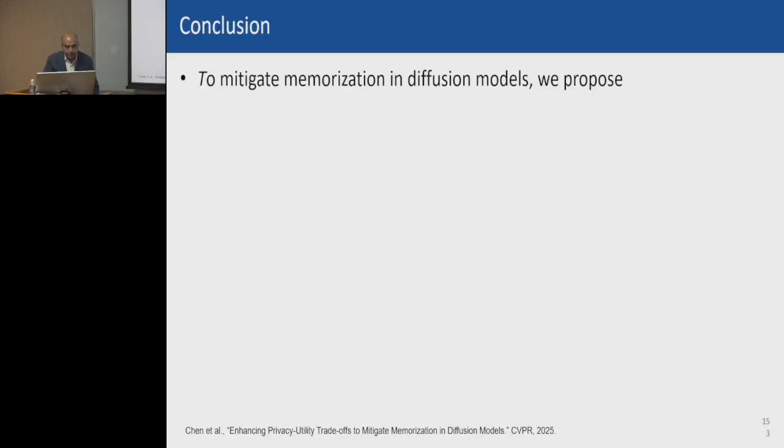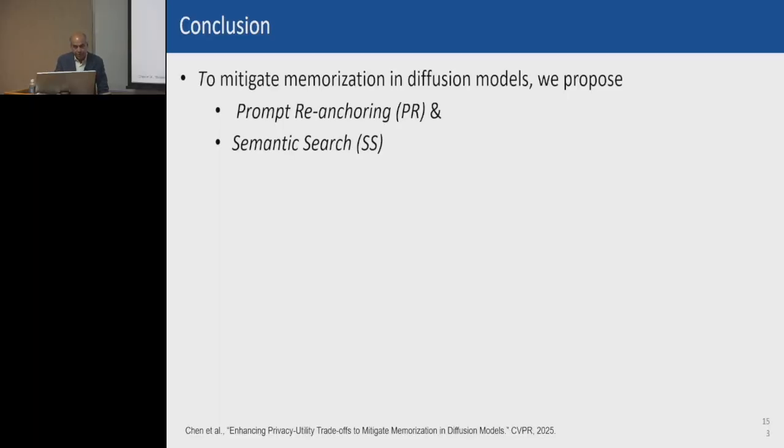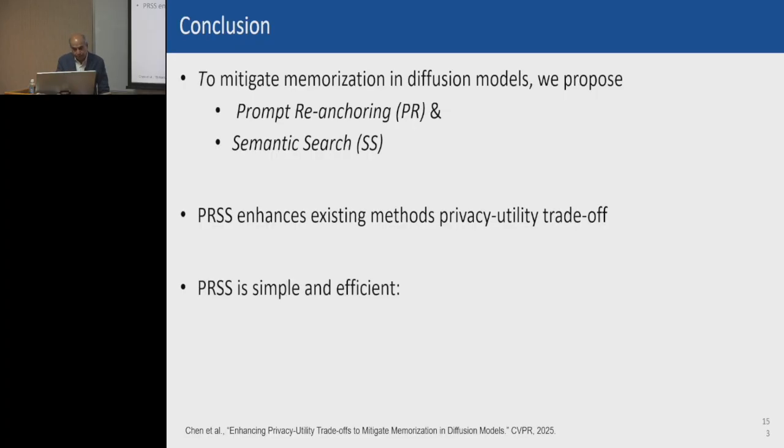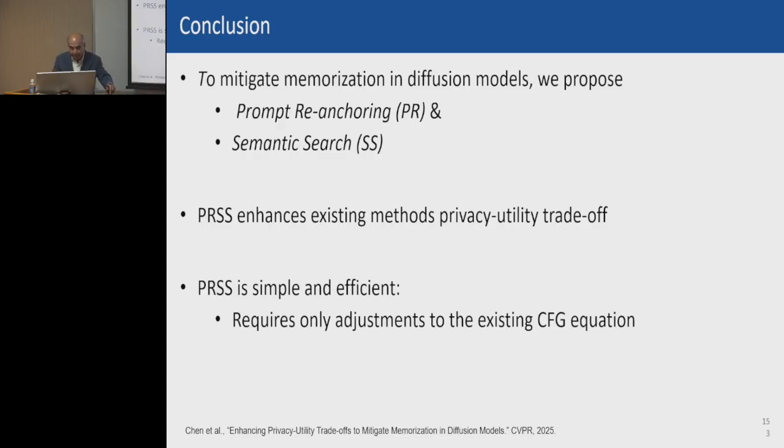So the conclusion is that you can mitigate memorization in diffusion models. We propose prompt re-anchoring and semantic search, and it enhances existing methods in privacy, utility, and the trade-off, as I showed you in the curves. It is simple and efficient, just changing those prompts, and requires only adjustment to the existing classifier-free diffusion model.